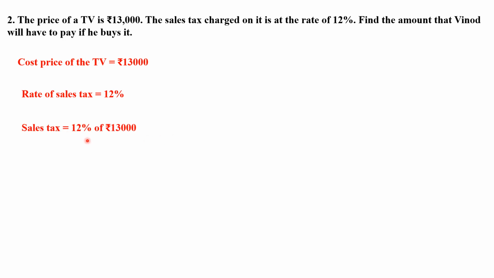So the amount of sales tax will be 12% of 13,000 rupees. So from here we can calculate 12% means 12 by 100 multiply by 13,000, and when you simplify it you will get 12 into 130 rupees, which will give you 1560 rupees. So this is your amount of sales tax, right?